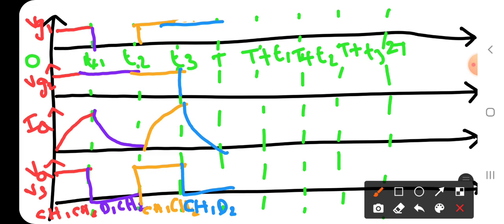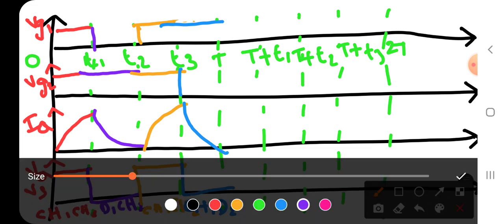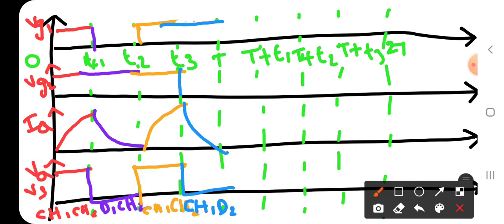Okay, now the same thing is repeated, up to T1 it is like this, next up to T3.